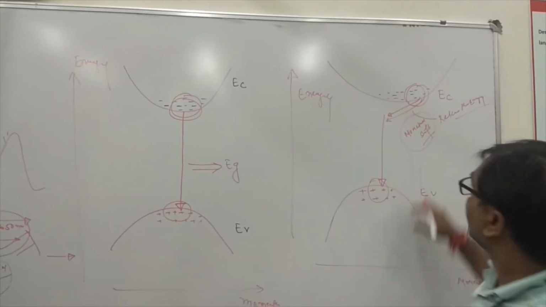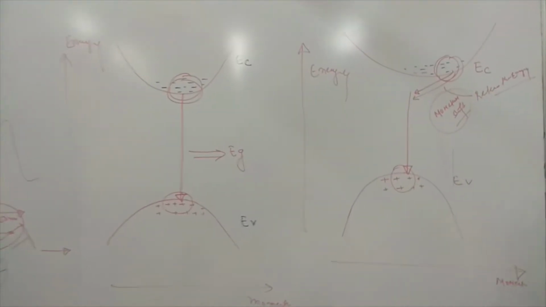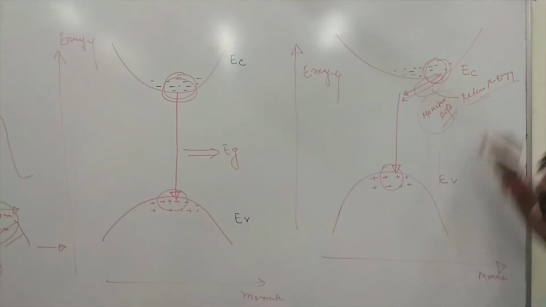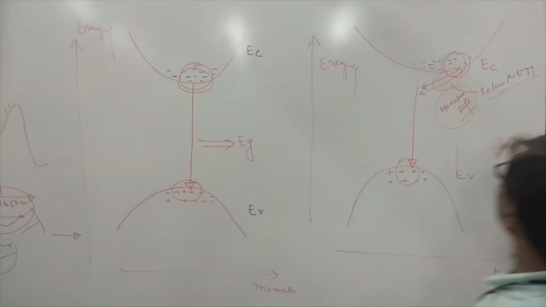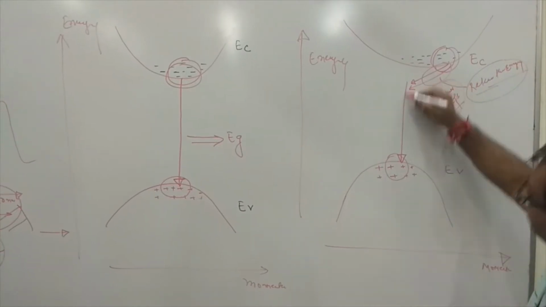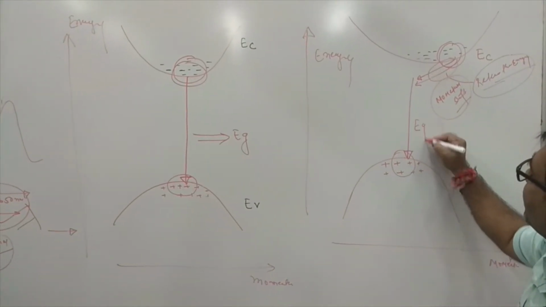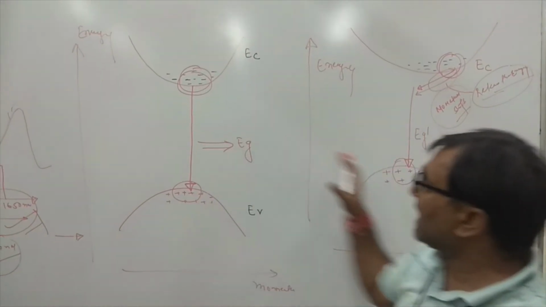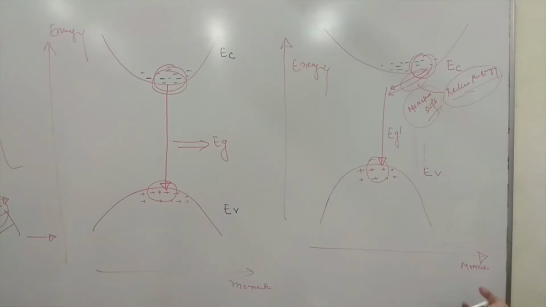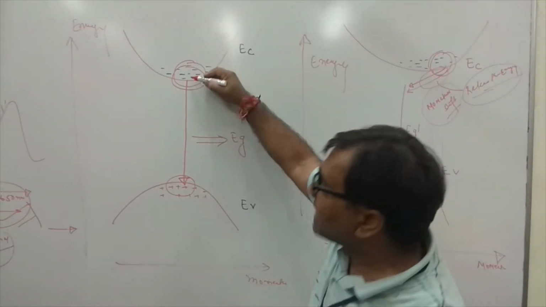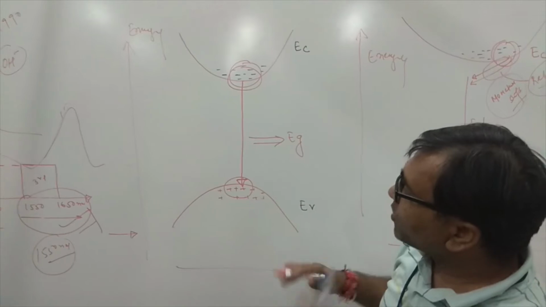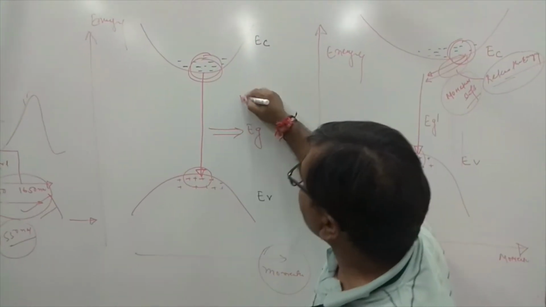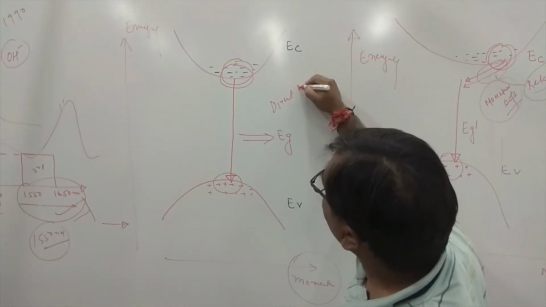In this case, if you want to shake hands with your friend, you should shift momentum, and to travel some distance you should release energy, right? And then recombine. Then the energy is Eg dash, right? So what is the concept between direct and indirect gap? Without my explaining further, you understood. If there is a direct recombination, there is no change in momentum. Direct recombination is known as direct band gap.